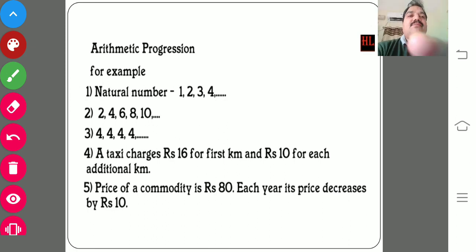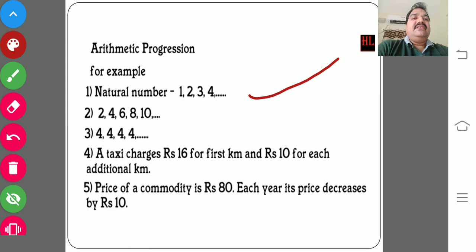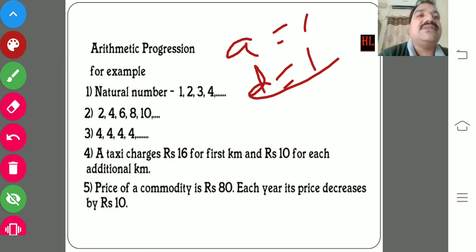Yes, some examples of arithmetic progressions. The first one: A equal to 1 and D equal to 1. How do you get the difference between any consecutive terms?